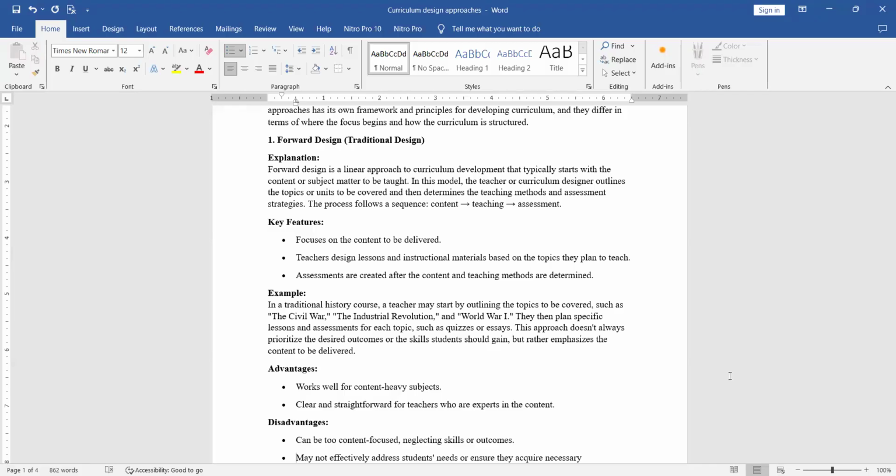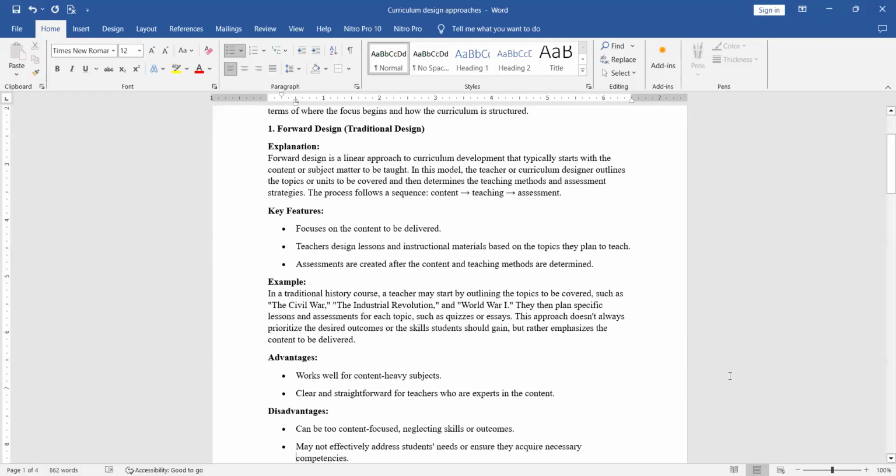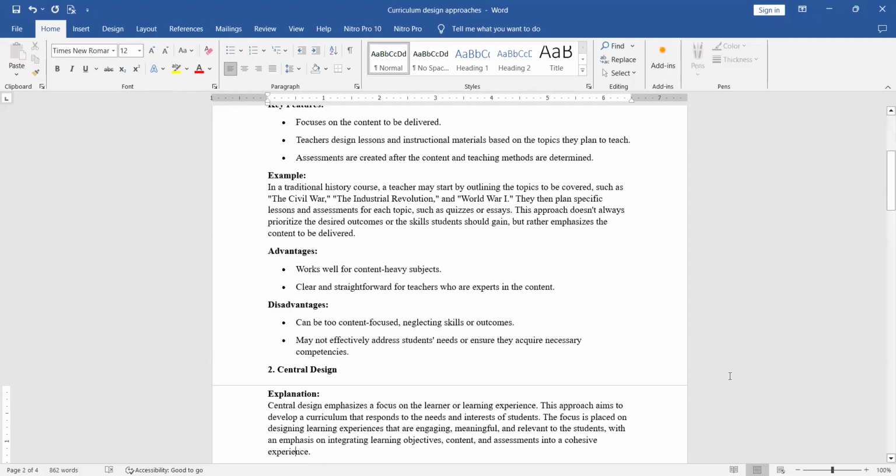They then plan specific lessons and assessments for each topic, such as quizzes or essays, how to teach. This is the methodology and how to assess, and accordingly what will be the outcome. This design also has its own advantages and disadvantages. What are the advantages?